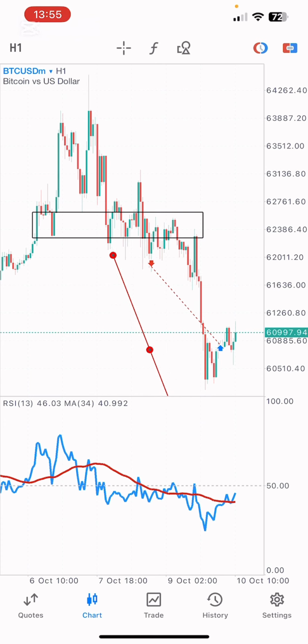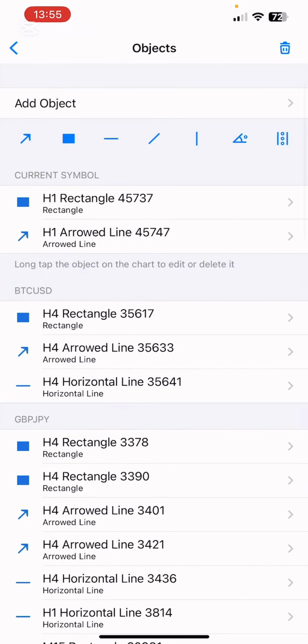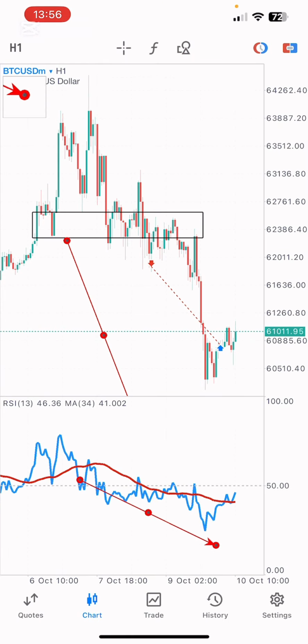When price breaks this particular low, it means we are going to form a lower low and a lower high. So you see the market just dropped completely. You can even see it's below our 50 level, which means a massive drop. So this is the chart for BTC.